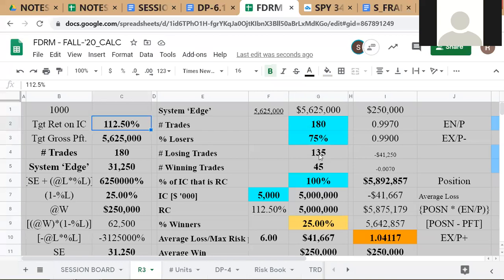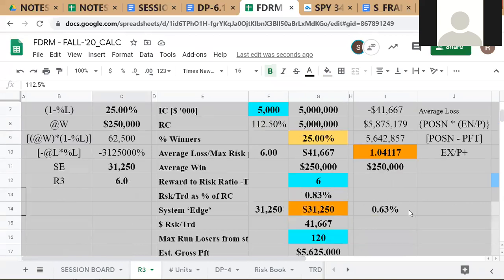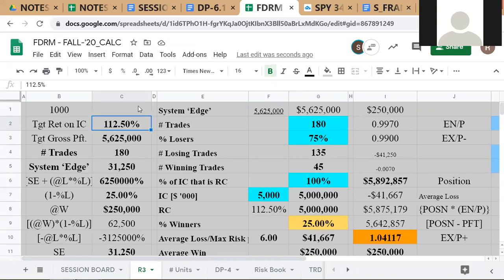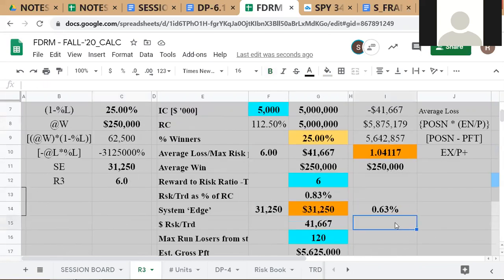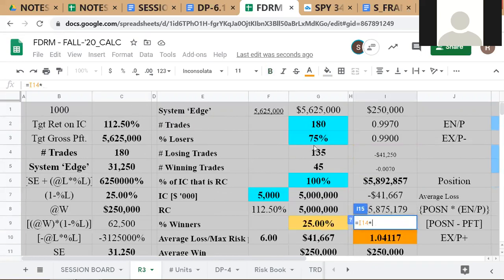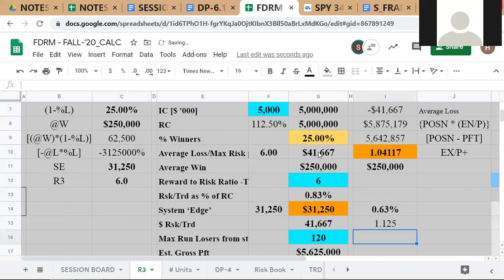If you do 180 trades, you can check this out here. If you take this and then you do minus 1, obviously.